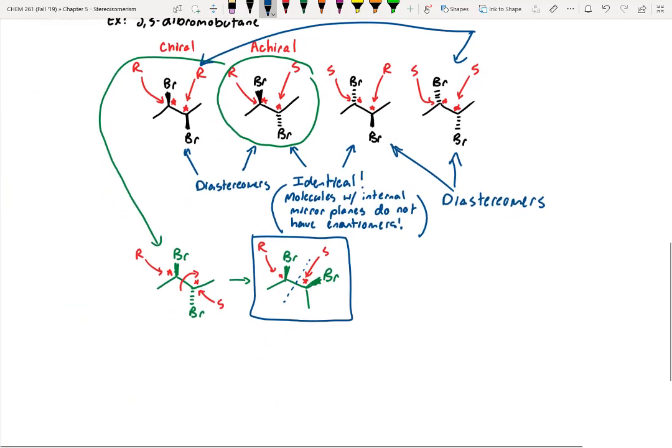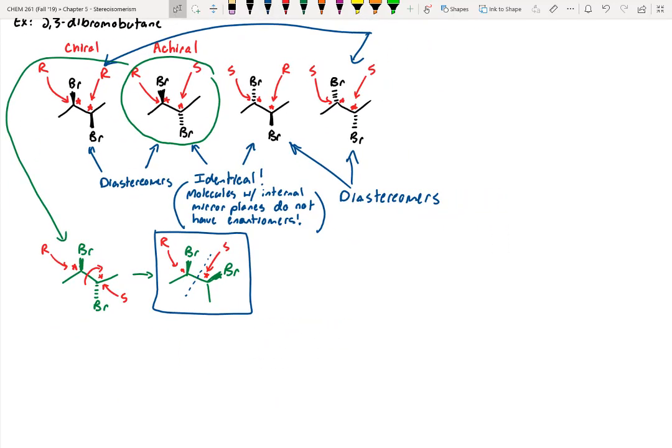So let's do this down here. The big question, right, is are we going to run into a similar situation where they're identical? So let's do the same thing, but this time I'm going to do this one in purple.